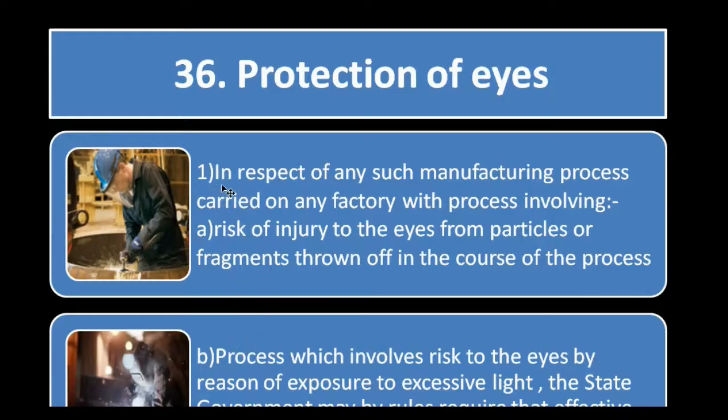Subsection 1. In respect of any manufacturing process carried on in any factory involving risk of injury to the eyes from particles or fragments thrown off in the course of the process. Now especially the particles or fragments are thrown off in processes such as grinding or cutting.